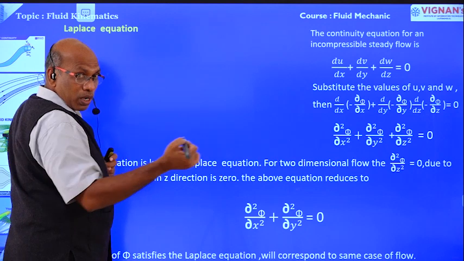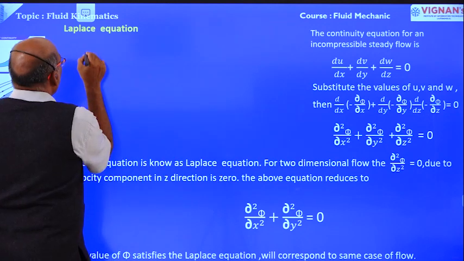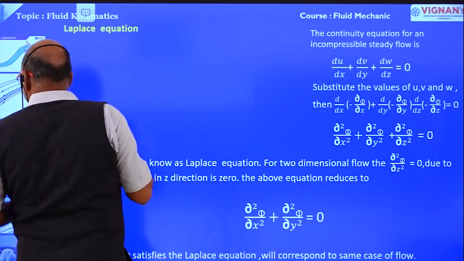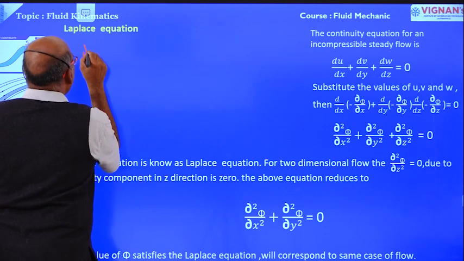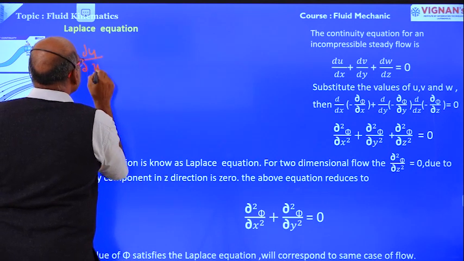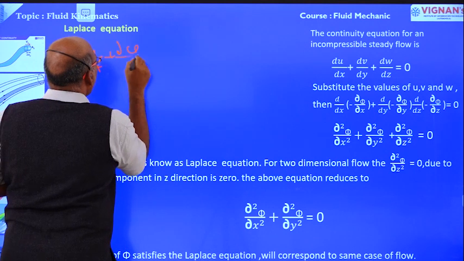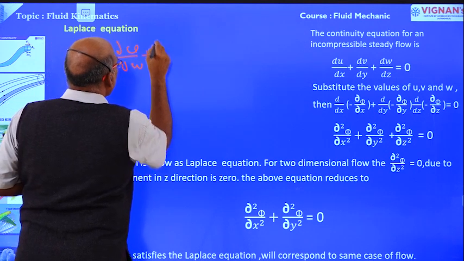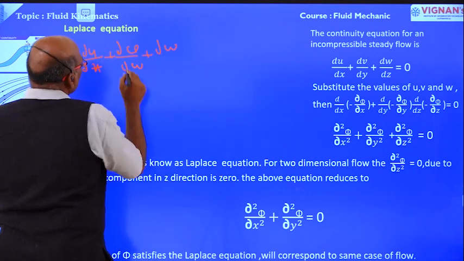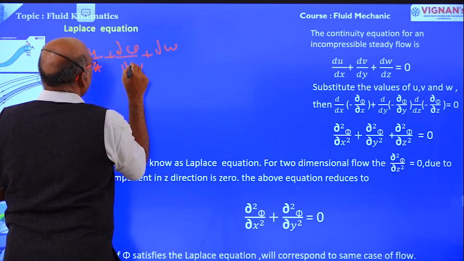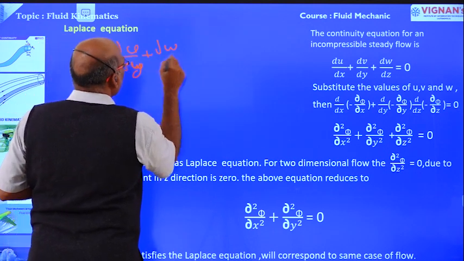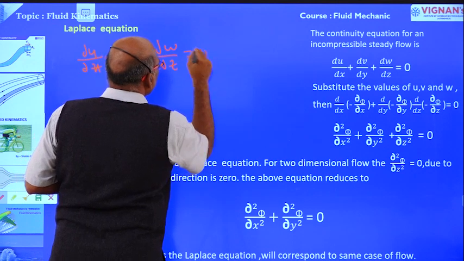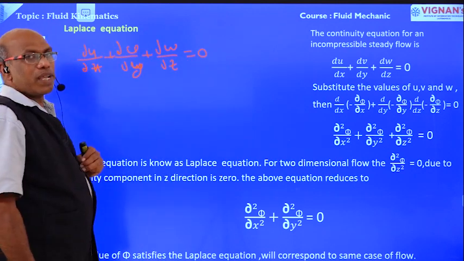Already we have derived it. The continuity equation is dou u by dou x plus dou v by dou y plus dou w by dou z is equal to 0.